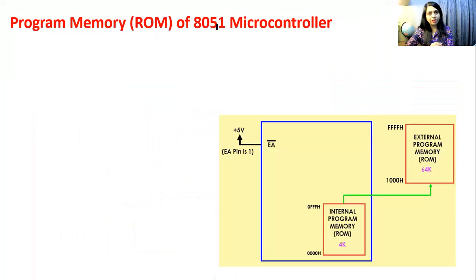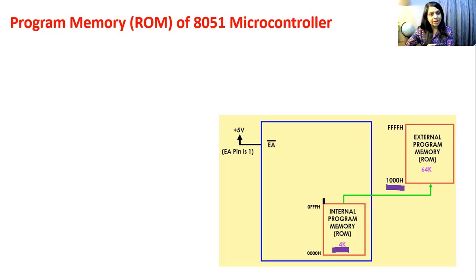Now, program memory of 8051 microcontroller. You can see that here there is internal memory, that means on-chip memory available in the architecture of 8051 microcontroller. It is 4 kilobytes of internal memory whose address varies from 0000 to 0FFF. If you want to add external memory, then its addresses will vary from 1000 to FFFF.